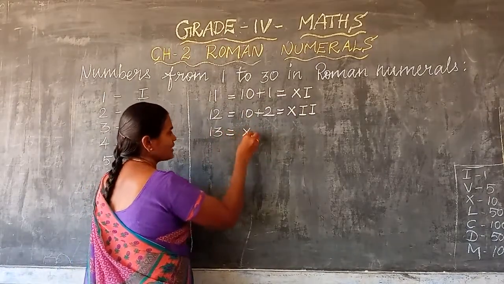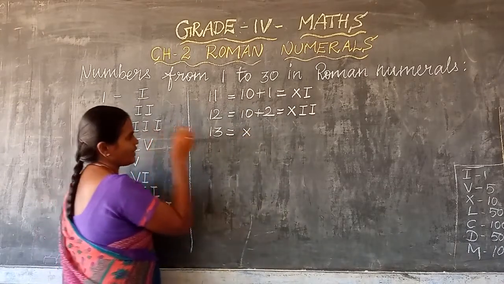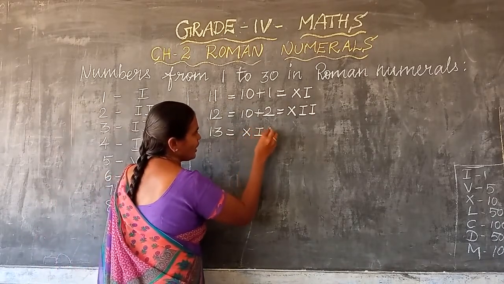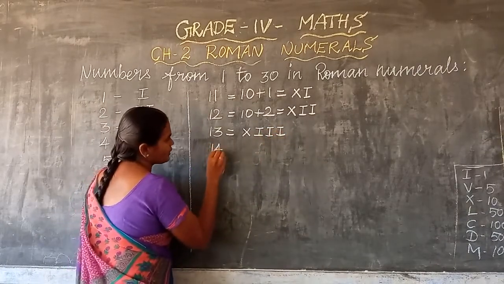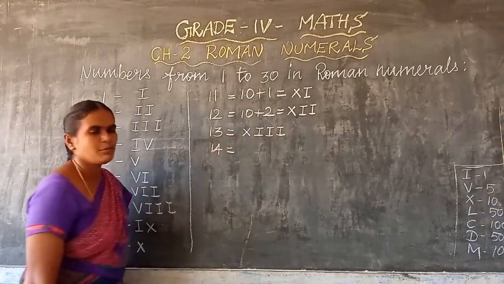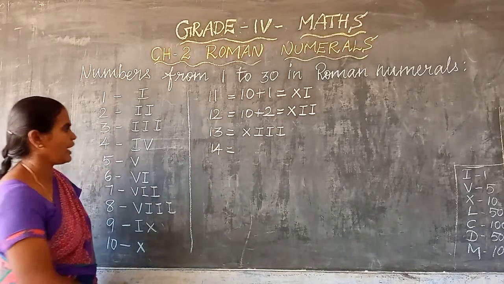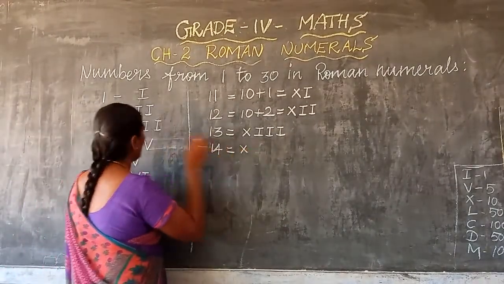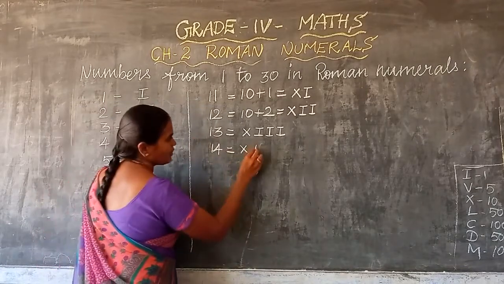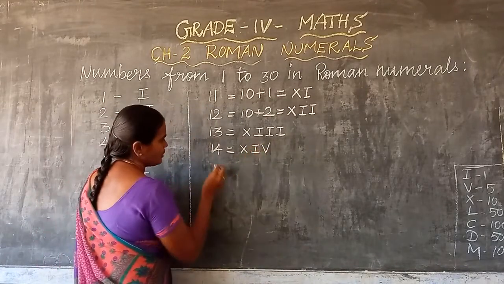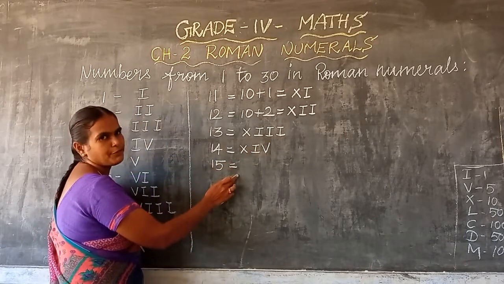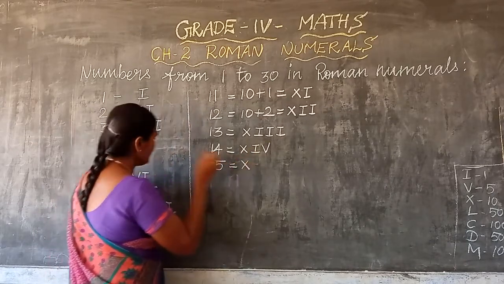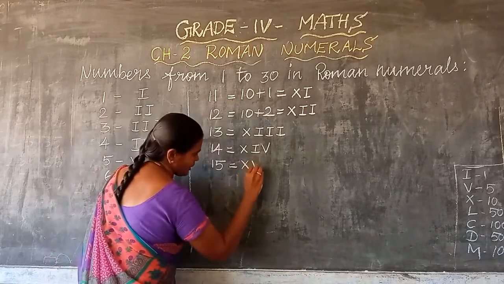X, 3 means III. 14, same: 10 plus 4. 10 means X, 4 is IV. So XIV. 15: 10 plus 5. 10 means X, 5 means V. XV.